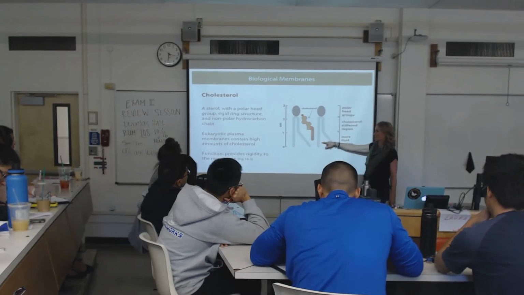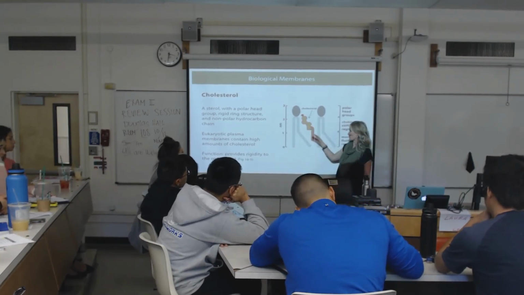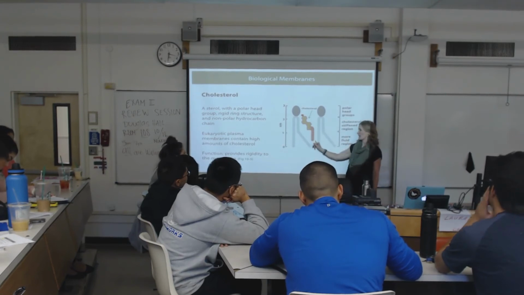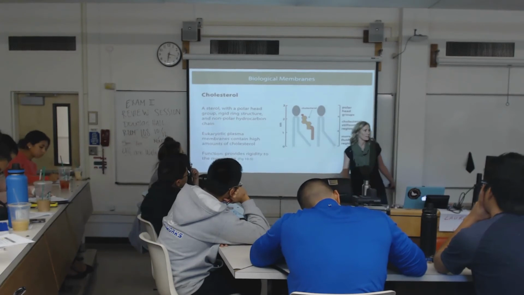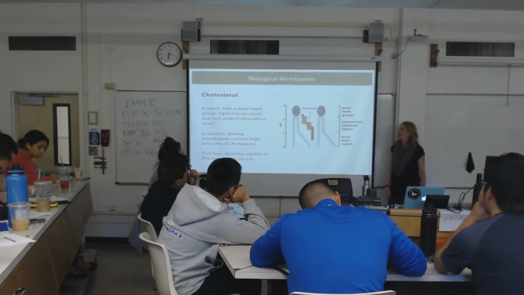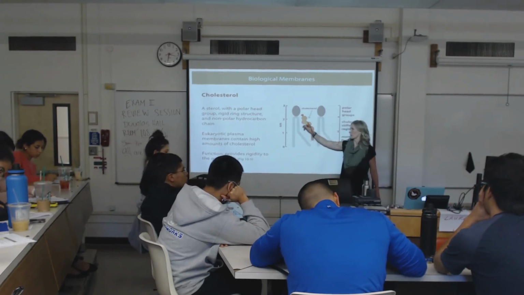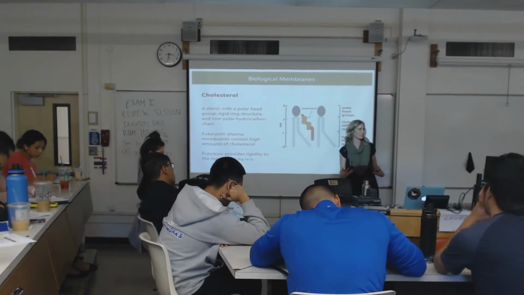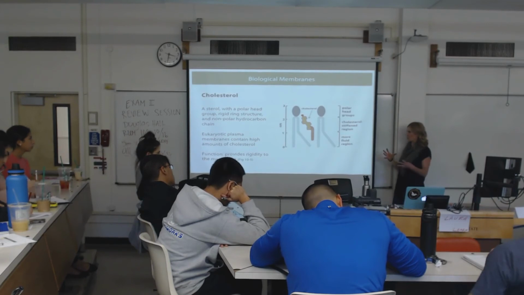The part that's most important for you to understand is that it also has this hydrocarbon tail, right? That's what this thing hanging off of it represents. This hydrocarbon tail is non-polar, hydrophobic, and the important thing to know about this 4-ring structure is that it's really rigid. It's not floppy like a fatty acid tail, it's rigid.